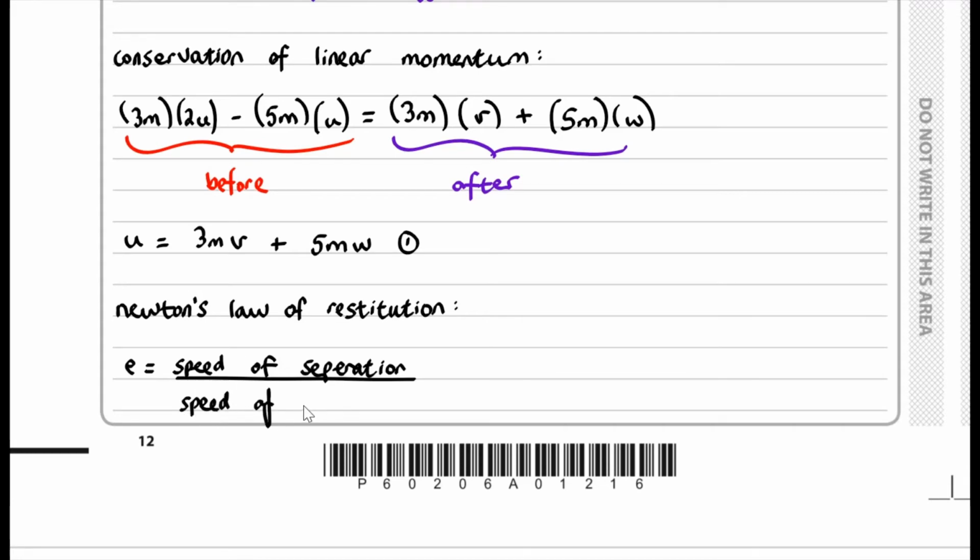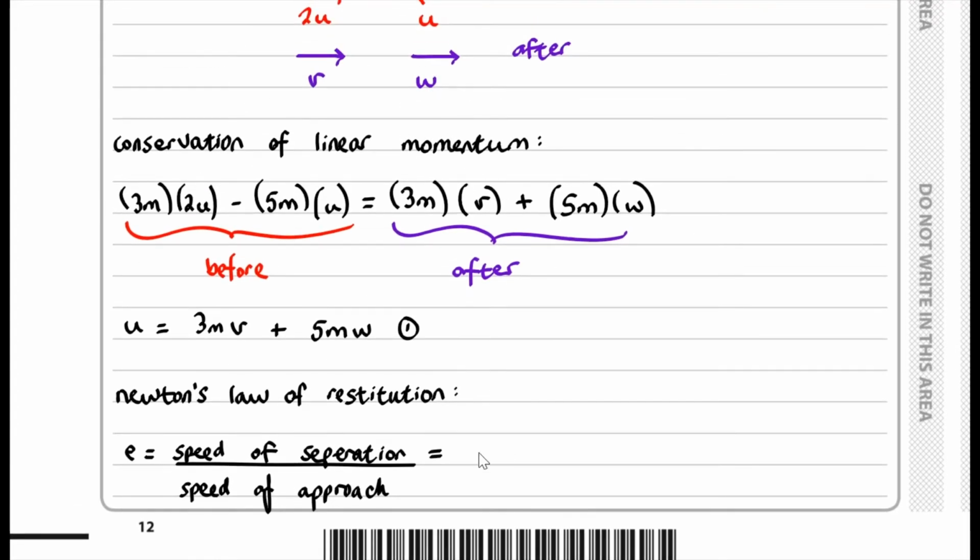So we've got the speed of separation, that would be w minus v, and the speed of approach, you'd find that to be 2u plus u, because they're moving towards each other.